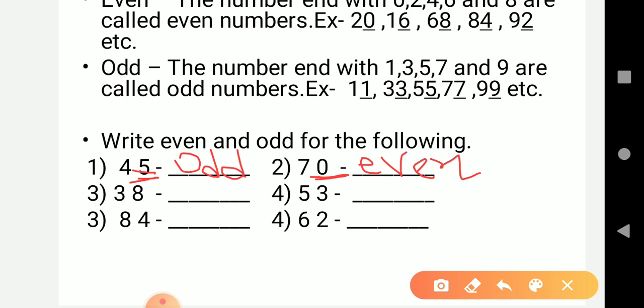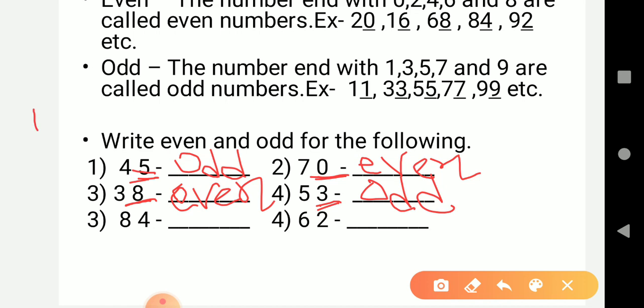Can you tell me if it is even or odd? Yes, because 8 is in the ones place, that's why it is also even. Then 53. Can you tell me if it is even or odd? Yes, very good. It is odd because 3 is in the ones place.